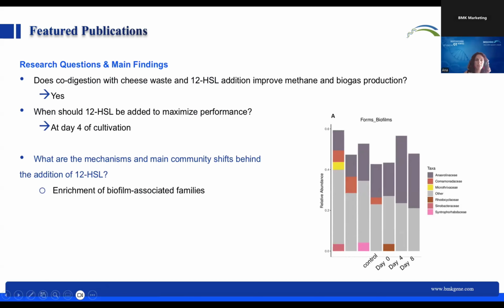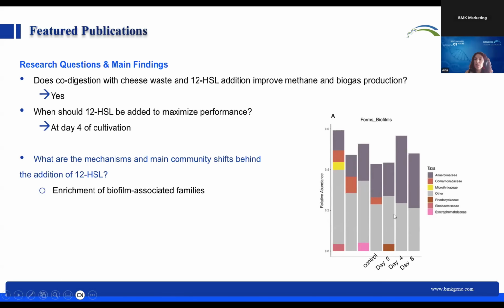So the next part is where amplicon sequencing entered, because now the goal was to see what the quorum sensing molecule is doing here and how the community is shifting when they add it. So one thing they saw is that there was an enrichment in biofilm-associated families. You can find here samples that were collected at the end of the cultivation.